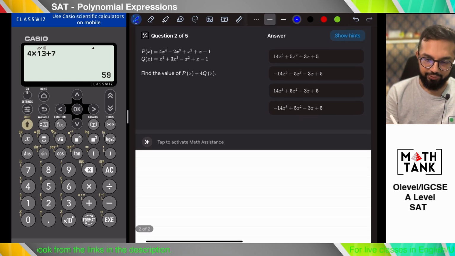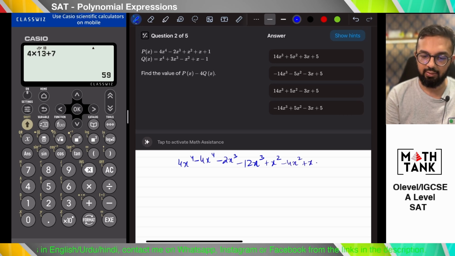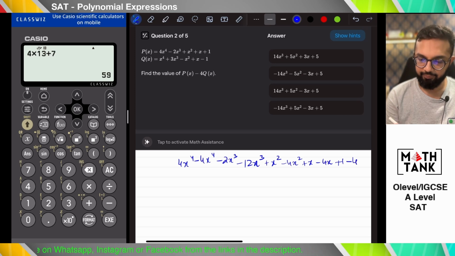Okay, 4 times 4x power 4 minus 4x power 4 minus 2x cubed minus 12x cubed plus x squared minus 4x squared plus x minus 4x plus 1 minus 4. So minus 14x cubed.